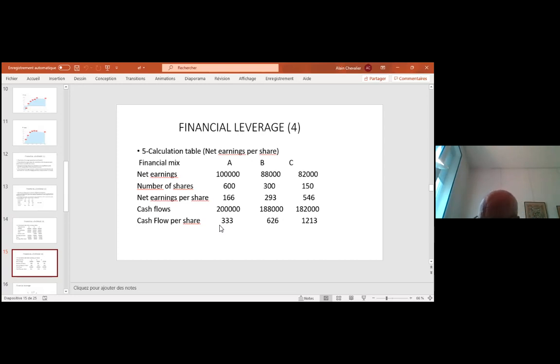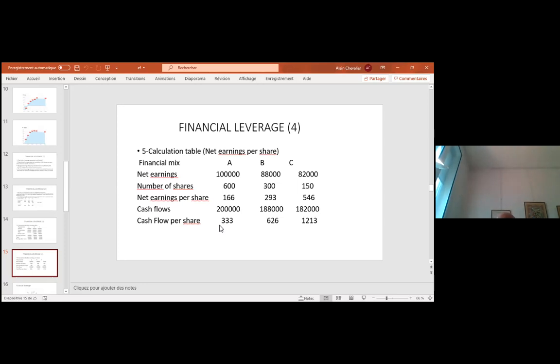When the debt equity ratio increases, the level of cash flow and the level of net earning per share increases, which means that, assuming the PE, at least in the short run, is not a function of the financial mix, you also increase the value of the company.